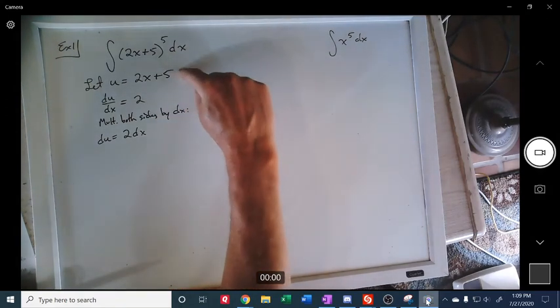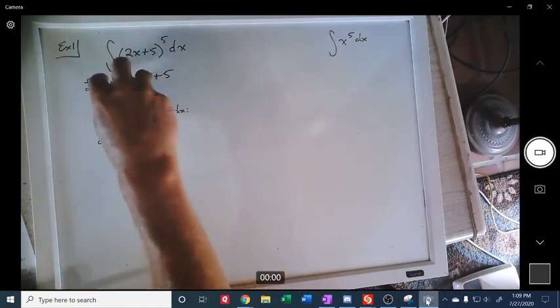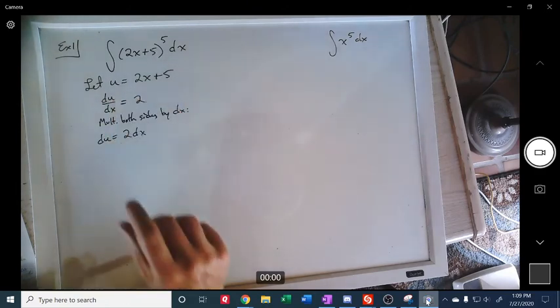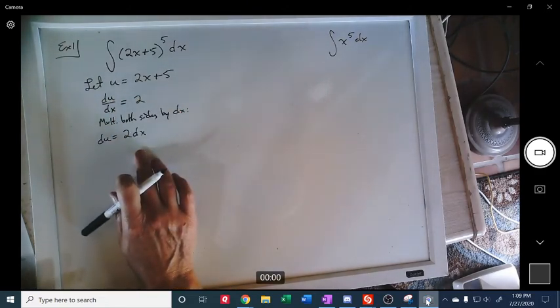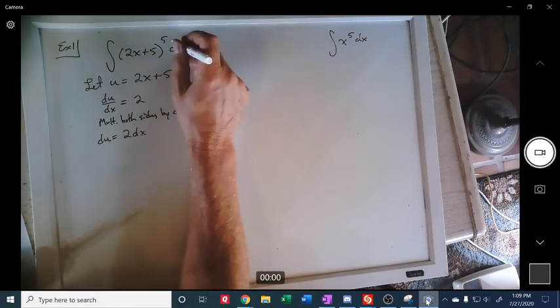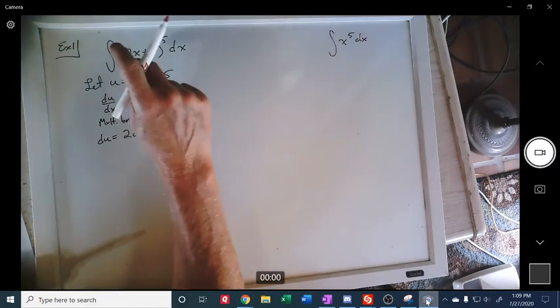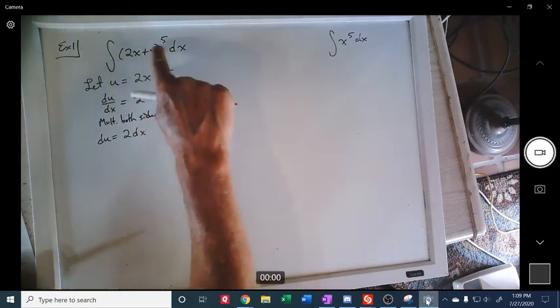Now, you'll be doing enough of these that after a while you'll be able to go right from here to here and skip over this. But at first, we'll just write it out so it looks familiar. Now, once you get to this point, the technique I use is to come back to the original problem. I know that this is going to be replaced by u to the 5th.